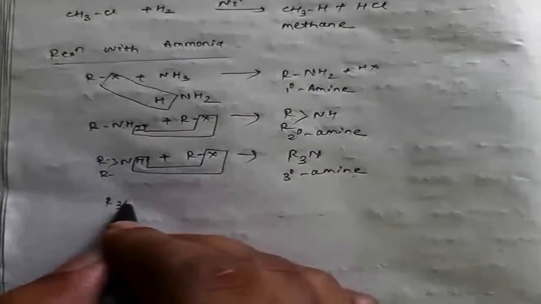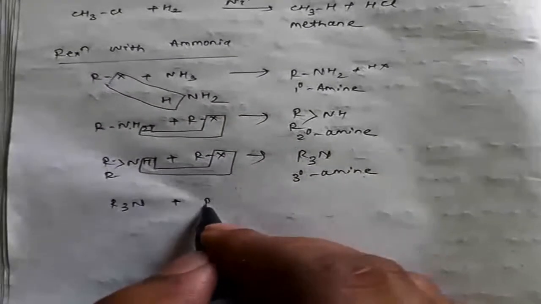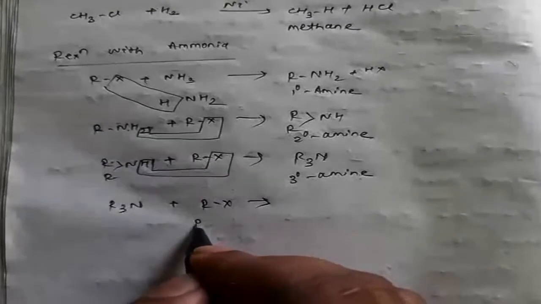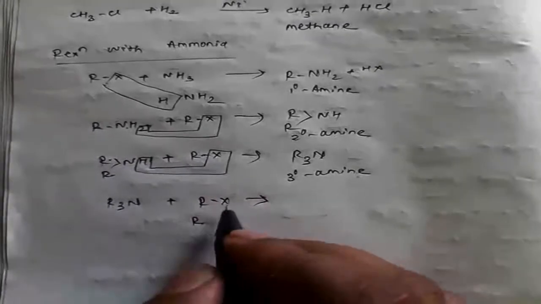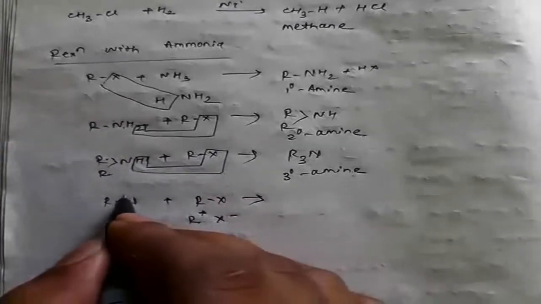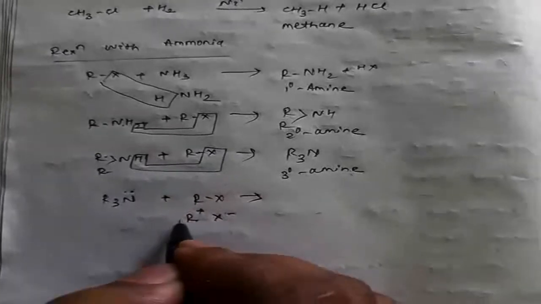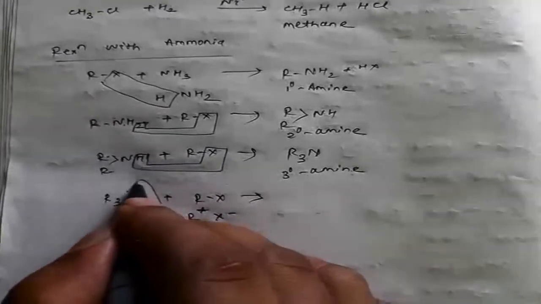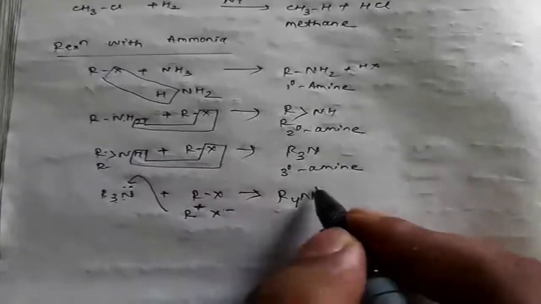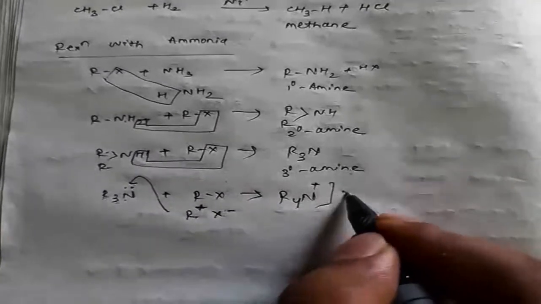Then tertiary amine combines with another molecule of alkyl halide. Here there is no H present, so R positive, X negative, but the lone pair on the nitrogen atom is present, so R positive combines with the lone pair. So the product is 3 molecules of R and another R, R4N. Positive charge develops on N, then X minus.